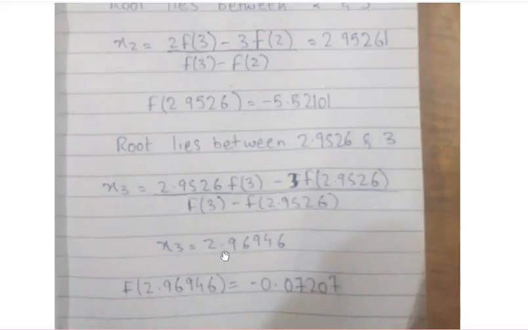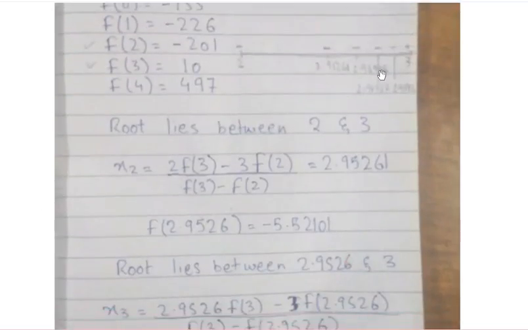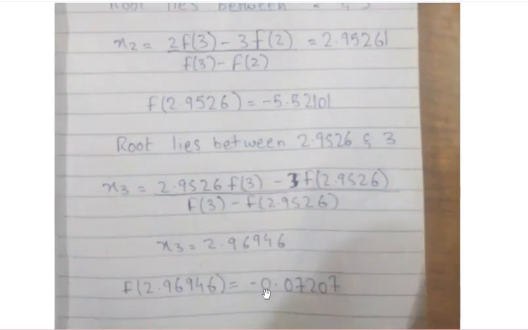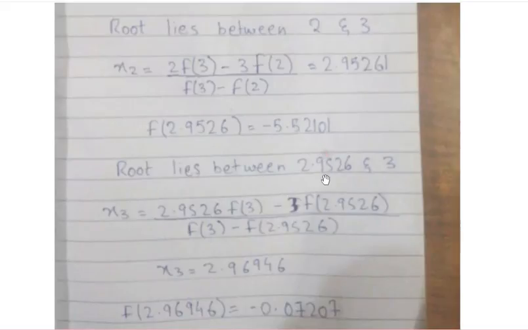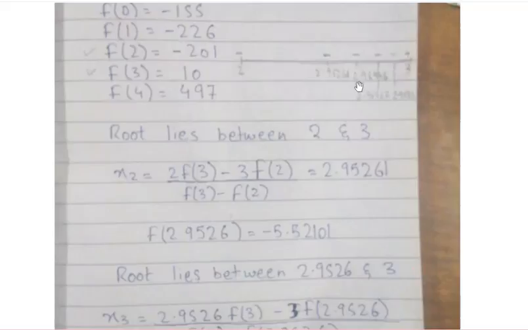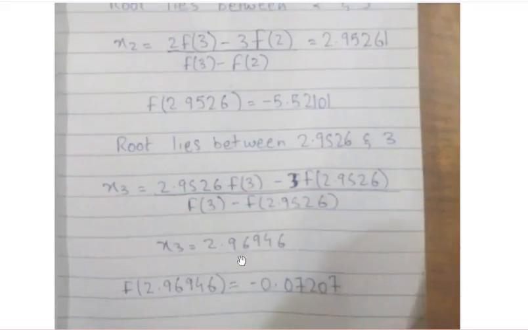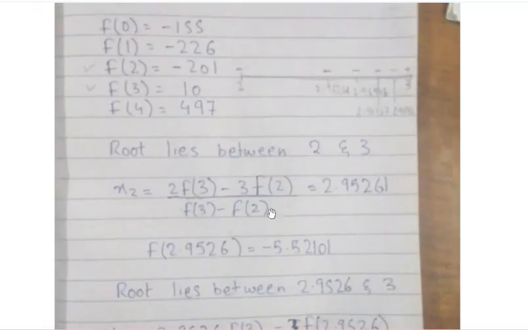After substituting this answer, we get a negative value, which is minus 0.07207. Again we will not write this on our real line, we just want to know whether it is positive or negative. So again we got a negative value. Again we write this answer of x3, 2.96946, on the real line, with its sign above the real line.